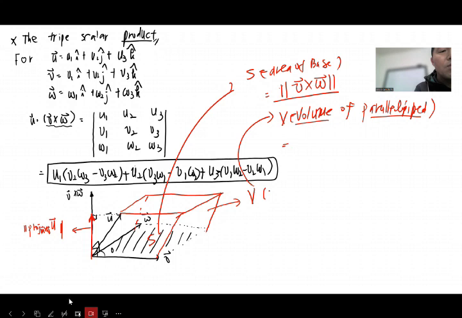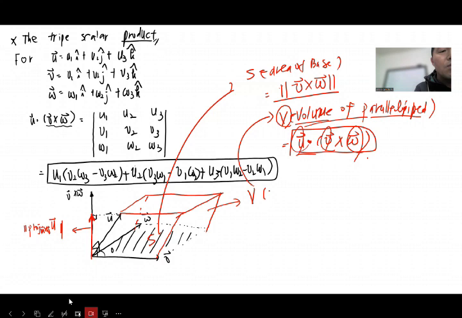So that actually corresponds to the triple scalar product of u, v, w. So if you take the triple scalar product, that is the same as the volume V of the parallelepiped that is made out of the three vectors.